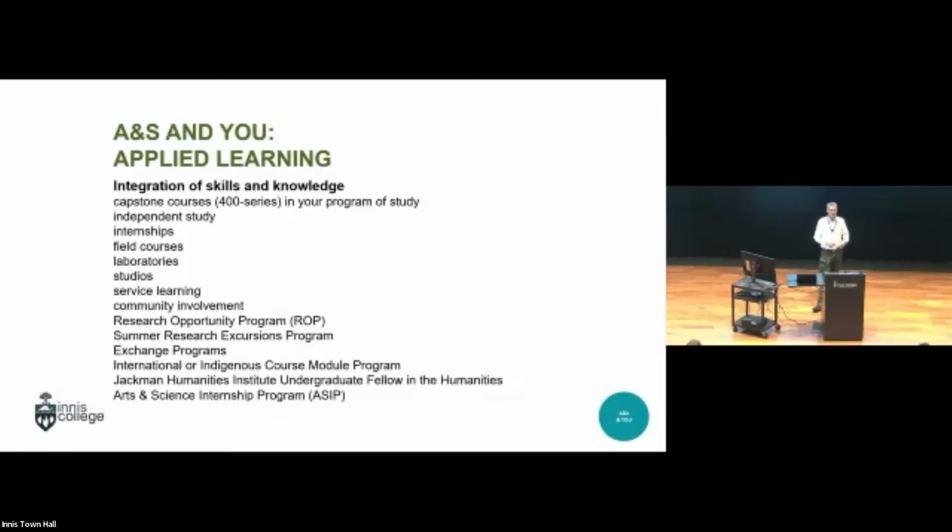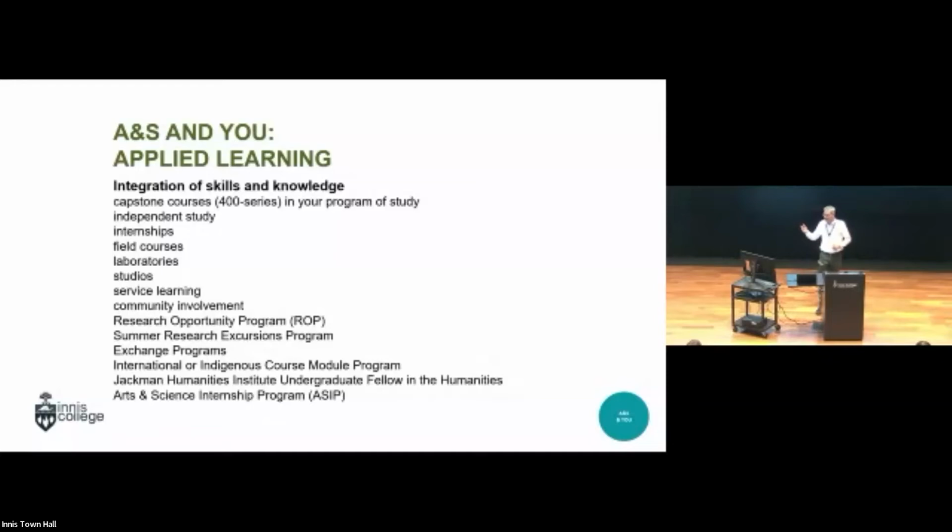There's summer research excursions, there's study abroad, there's exchange programs. There's the internationalized or indigenous course module program, which is during the break in each of the terms, a professor might choose to take students to New York to see something or abroad or to an indigenous community.